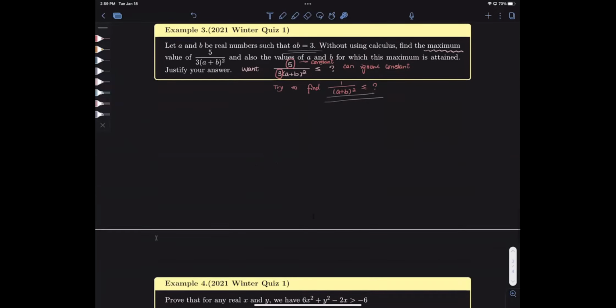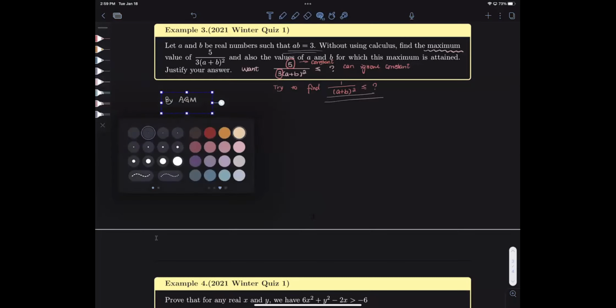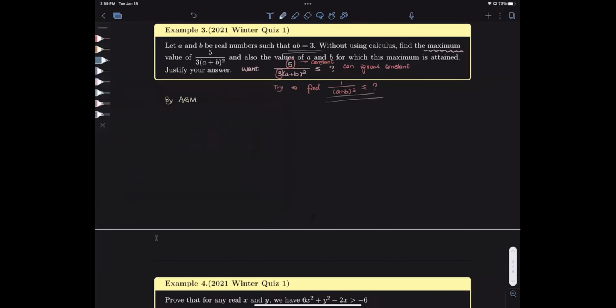So I'm going to start with AM-GM. So by AM-GM. Is this color readable for you? Can you read this? Or should I change to another color? Let me change to another color.